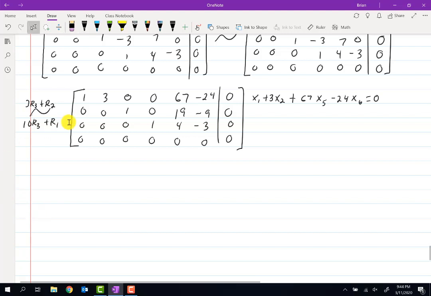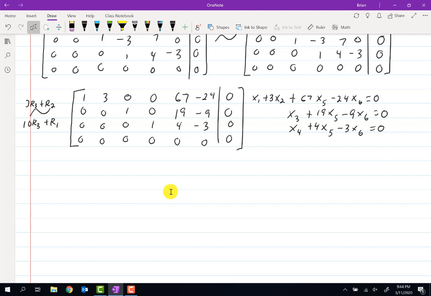Then the next row, I have an x3 plus 19x5 minus 9x6, and that will equal 0. In the third row, I have x4 plus 4x5 minus 3x6 is equal to 0.